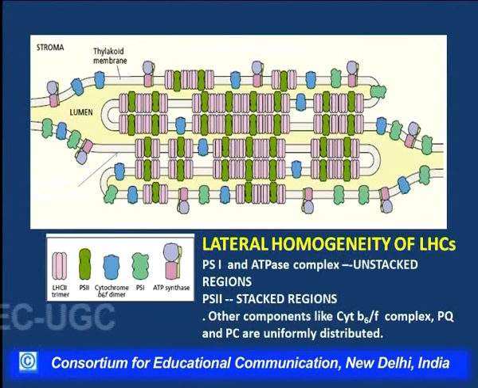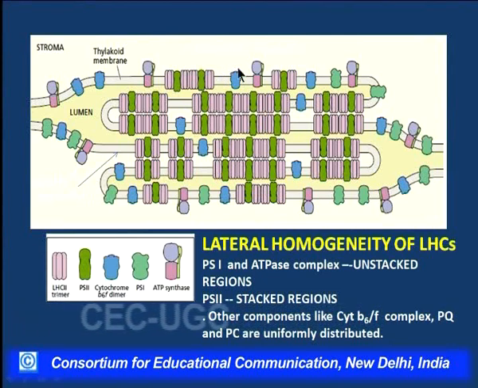So that means there is a vectorial heterogeneity and there is a lateral homogeneity of the light harvesting centers, in the sense, if we look at a diagrammatic expression of the type of light harvesting centers which are located on the different faces, you would appreciate that there are some ends which are free.